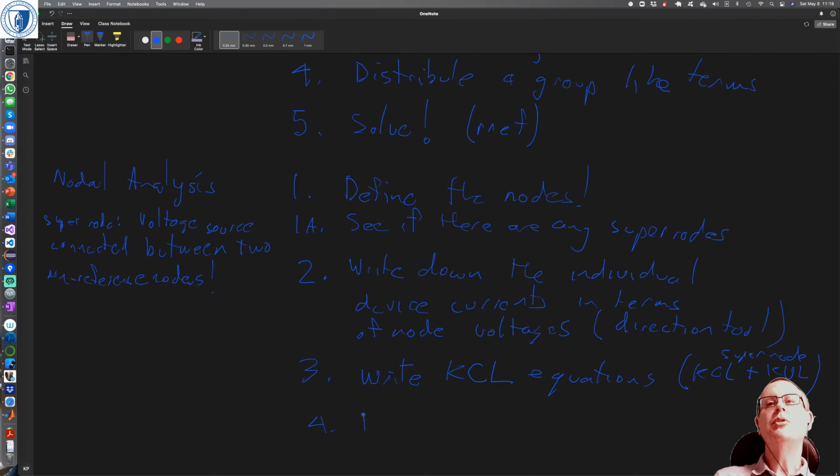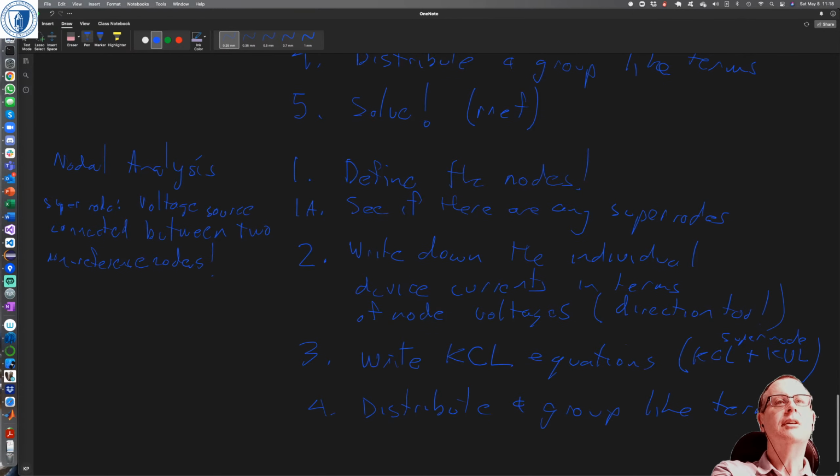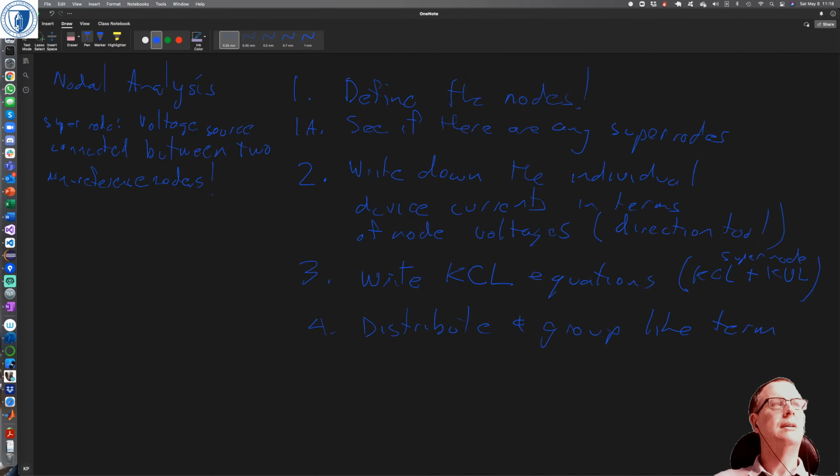And then we distribute and group like terms. And like terms in this case means the coefficients of the different voltages, the unknown voltages. And then we solve.